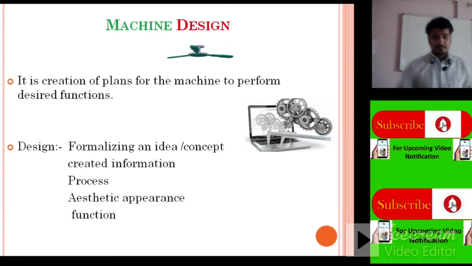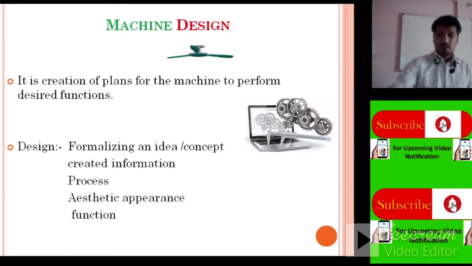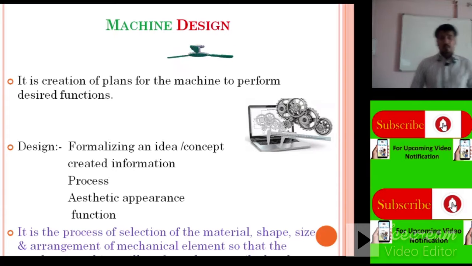After that the next design parameter is the function, and based on all these parameters, that is planning parameters and design parameters, we can come to the term machine design.